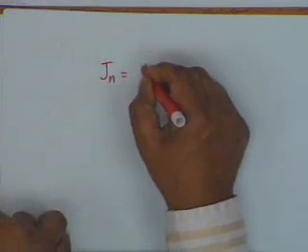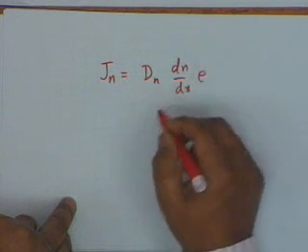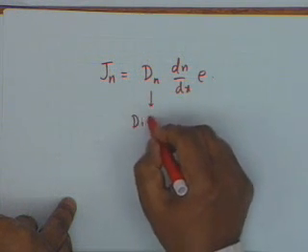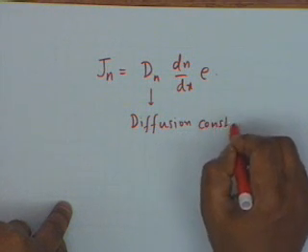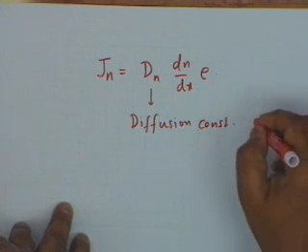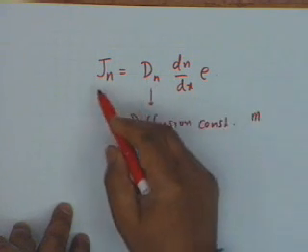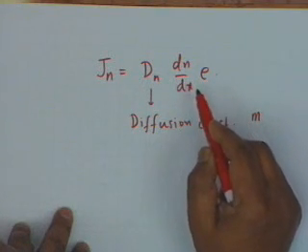Due to electrons, Jn is equal to E times dn dx multiplied by the constant, and this is called the diffusion constant for electrons. What would be its unit? If you take the units of Jn and dn dx, what is the unit of dn dx?